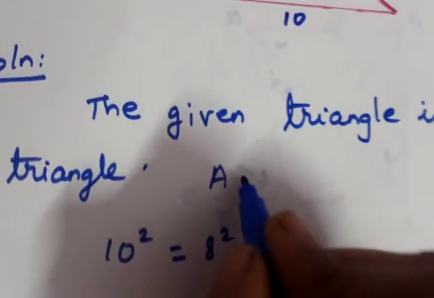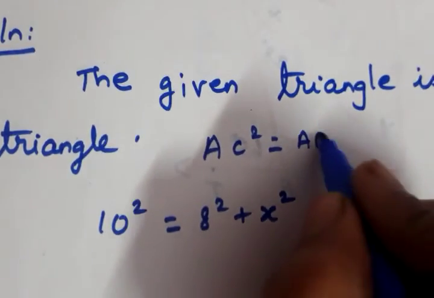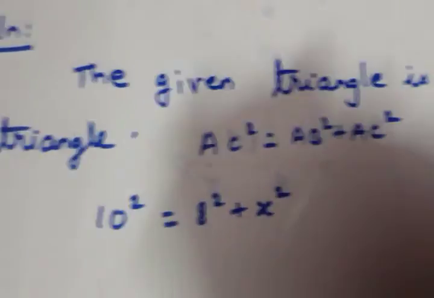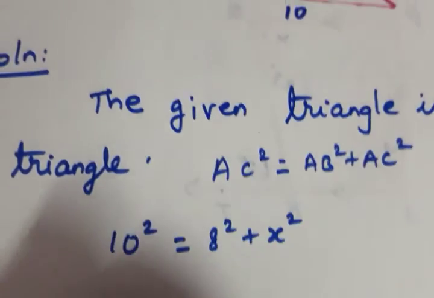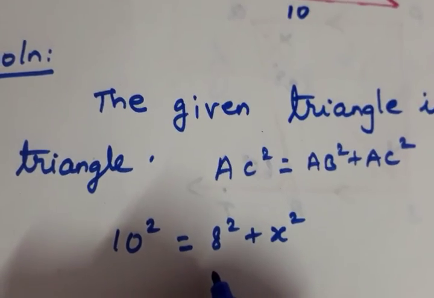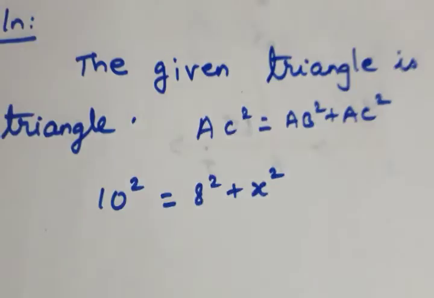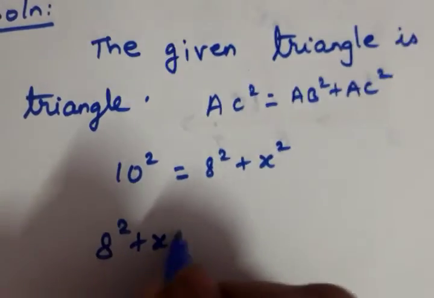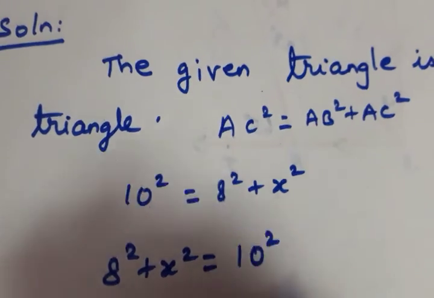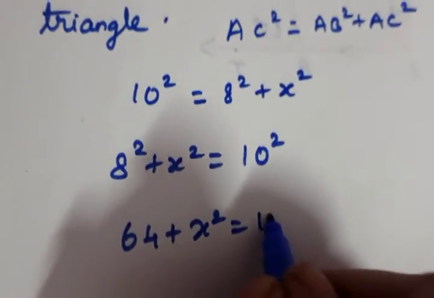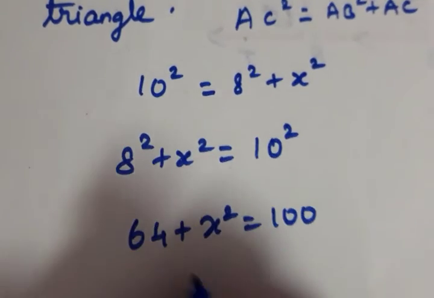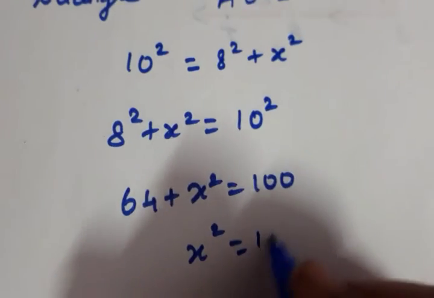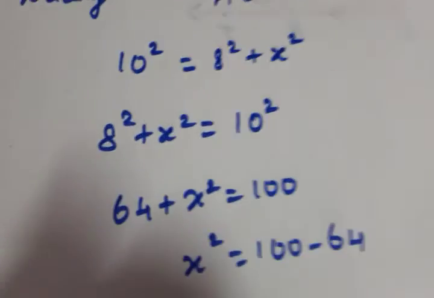Using the right angle triangle formula, 8 square is 64, so 64 plus x square equals 100. Transposing 64, 100 minus 64 is 36.